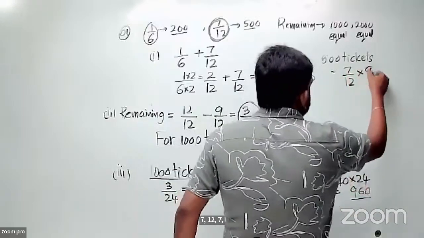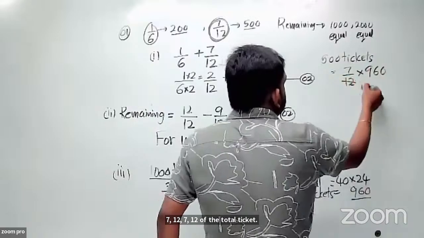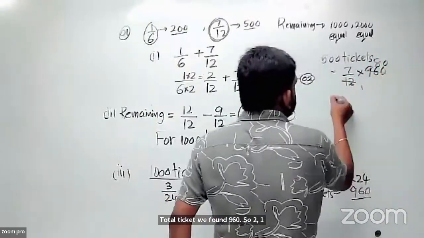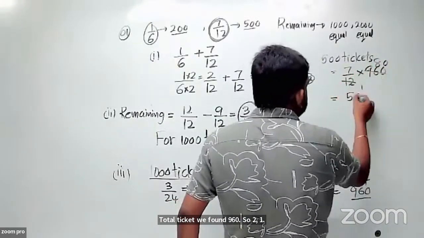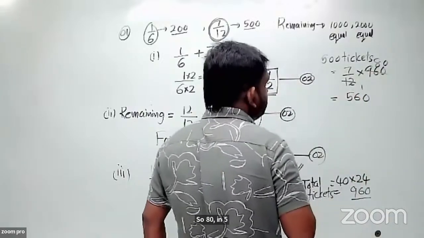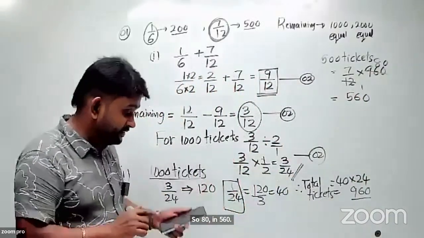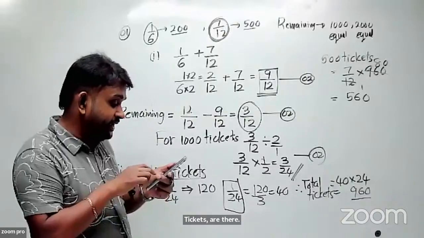Now we found the total tickets is 960. So find the 500 tickets: 7 upon 12 of the total 960. 12 into 80 is 960, so 80, then 7 into 80 gives 560 tickets. That is the number of tickets they ask for in the income gained.